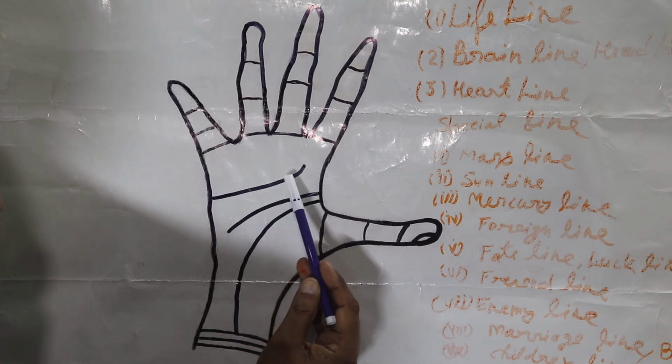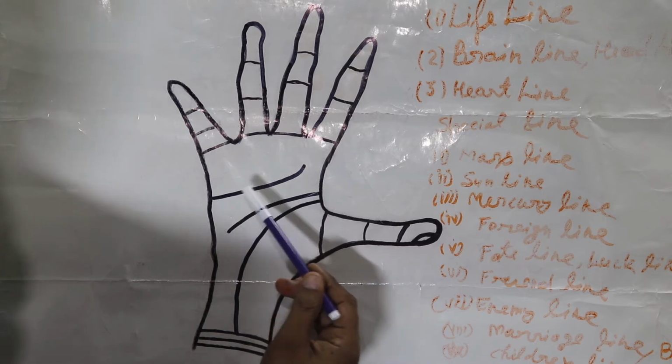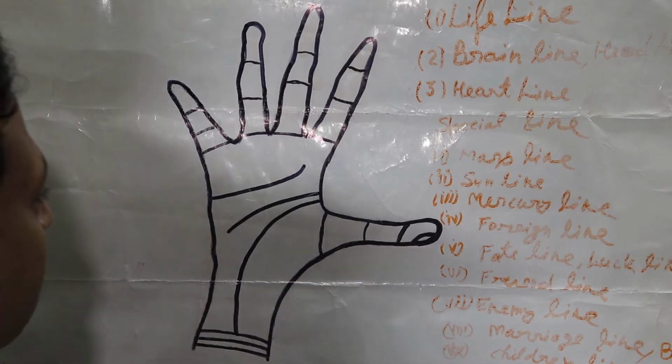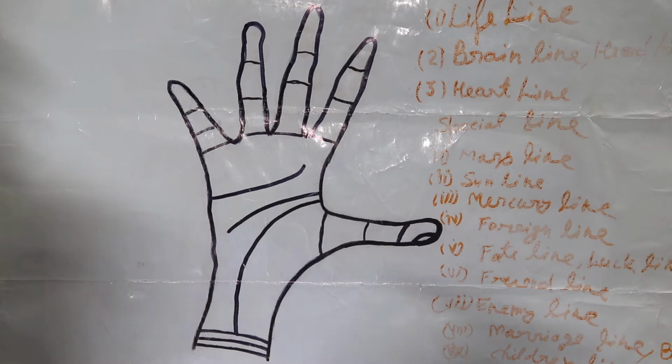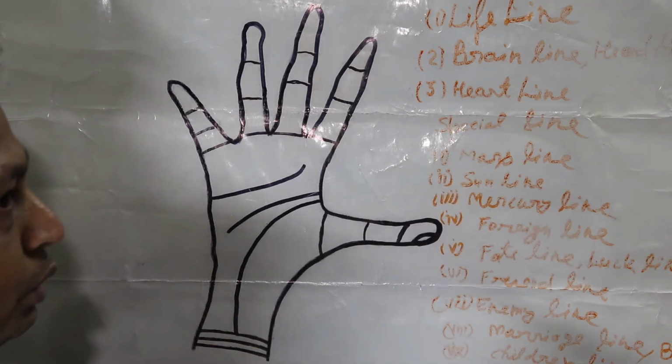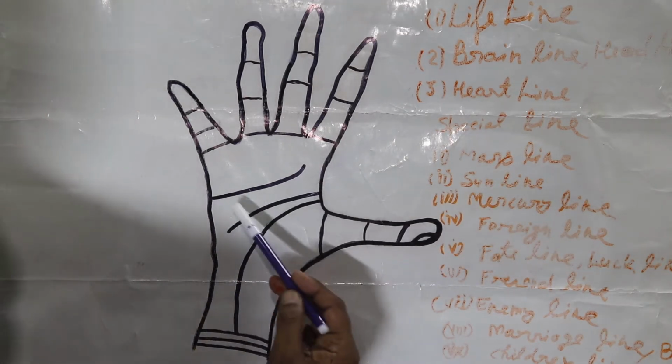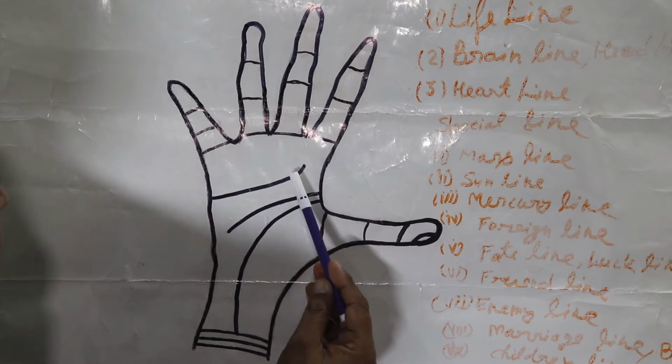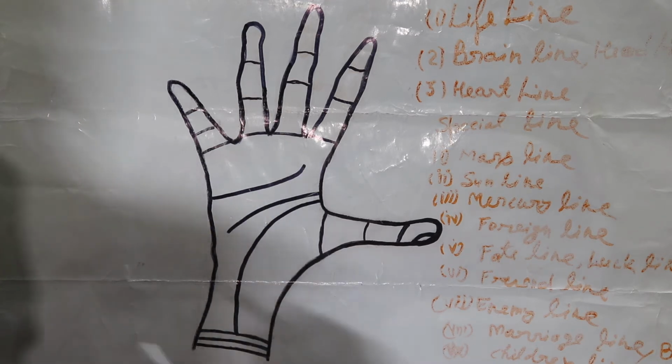This indicates our health, about heart health, and if some people have BP related issues or lungs related issues, cold, cough and this type of thing, we can trace it here by the heart line.